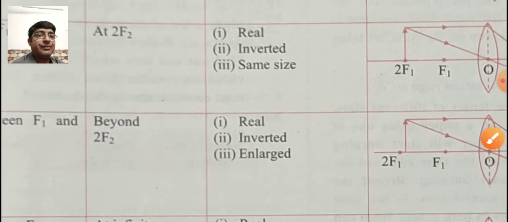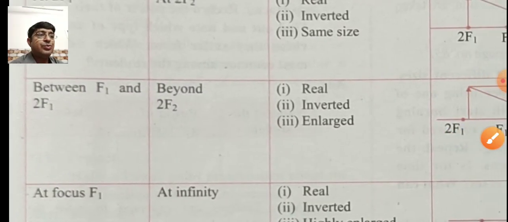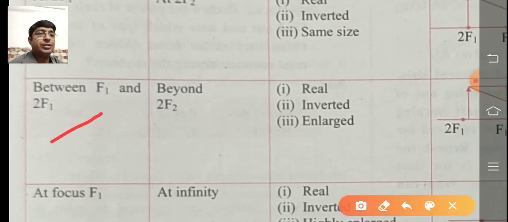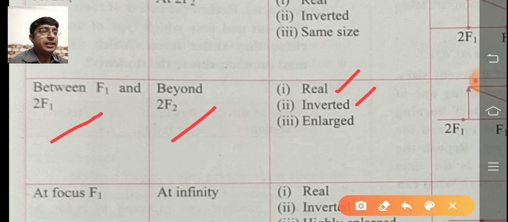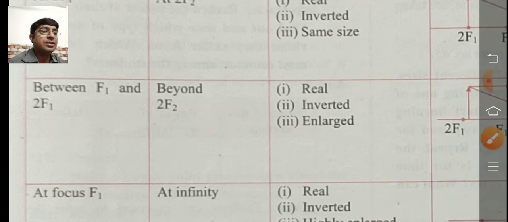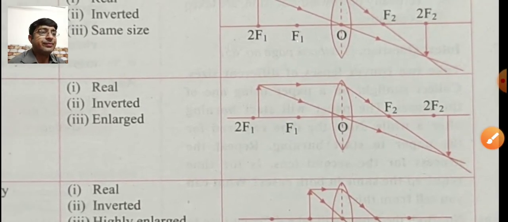Next one, when the object is between f1 and 2f1, the image is formed beyond 2f2. The nature of the image is real and inverted, and as compared to the size of the object, the image is larger in size, so called enlarged. Check there.